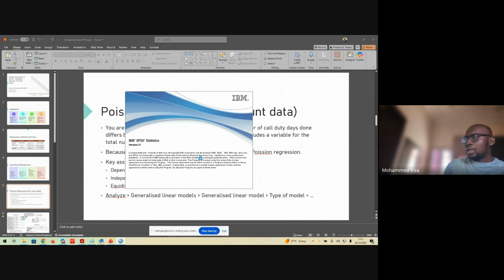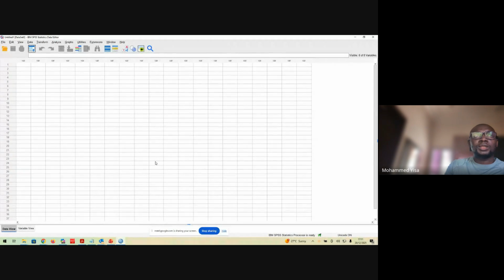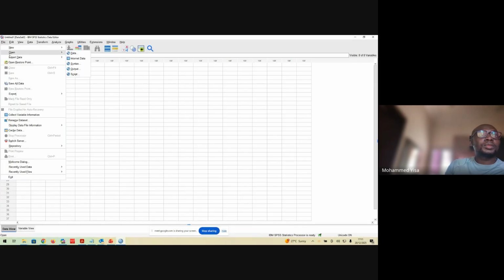As you can see, my computer is from 1960, so bear with me. I'm just closing this. So I'm going to import the data. Import data. My data is in CSV format.